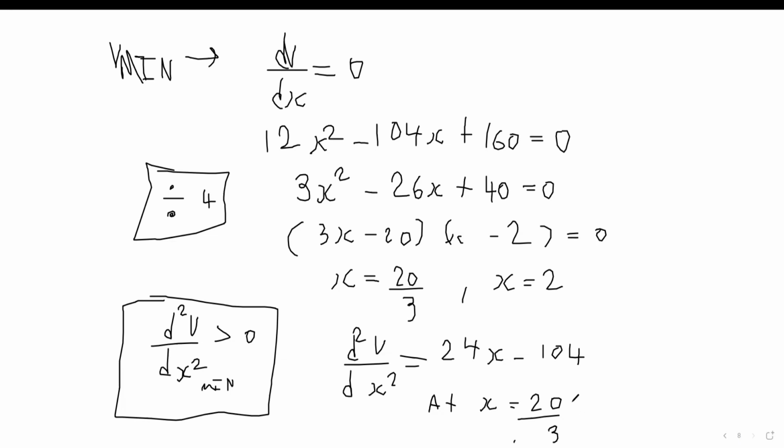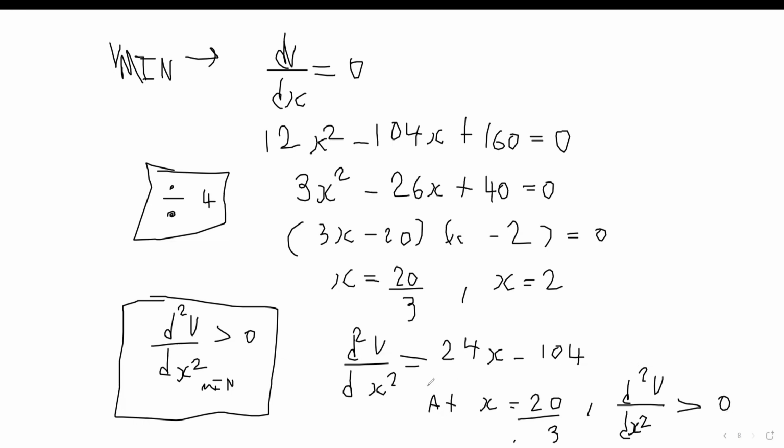If you don't see it and you really want me to show you, put 20 over 3 for x right here. If you put 2, it's less than 0. If you put 20 over 3, it's going to be greater than 0. So this is when the minimum occurs.